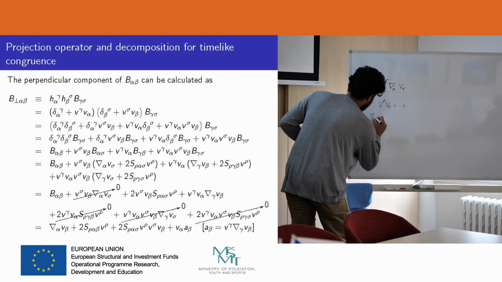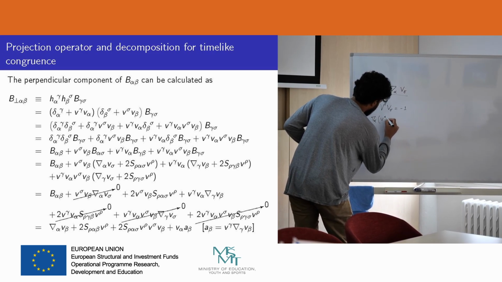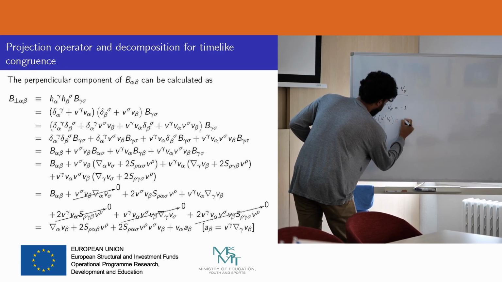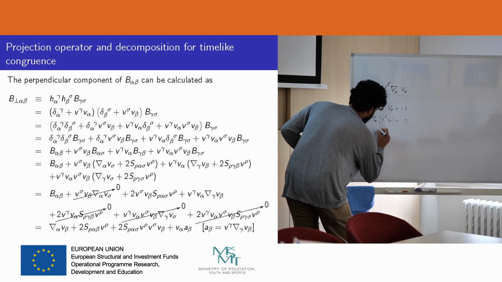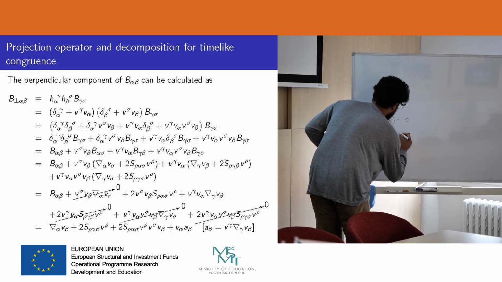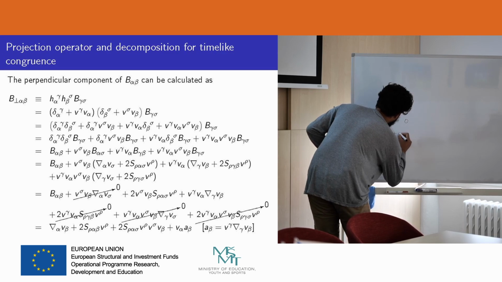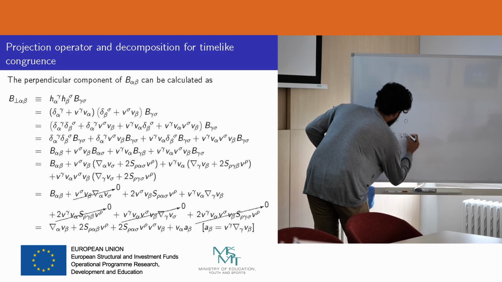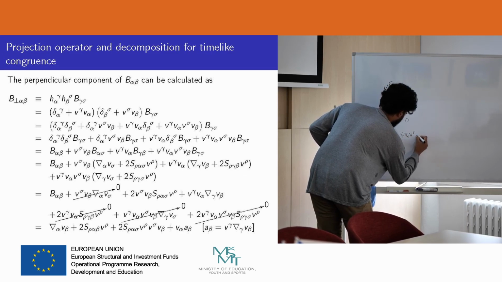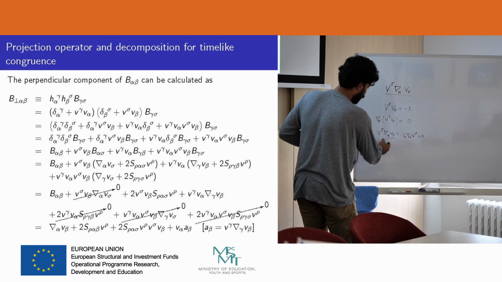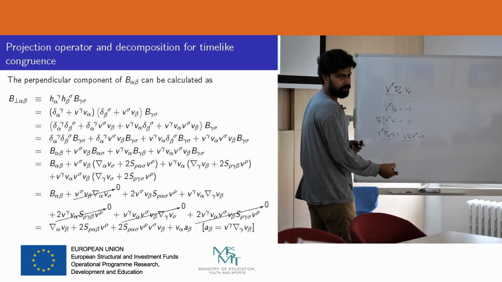So we can apply nabla alpha to this, which is 0, and we can write it as V sigma nabla alpha V sigma plus the same term, equal to 0, and we can play with that and we can show that these two are basically identical.